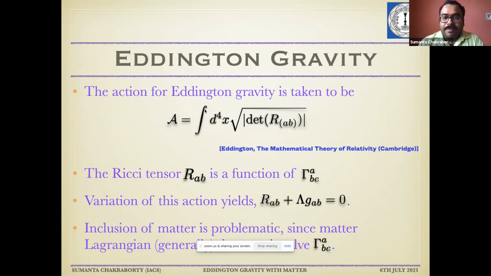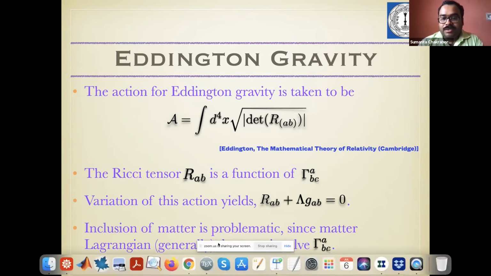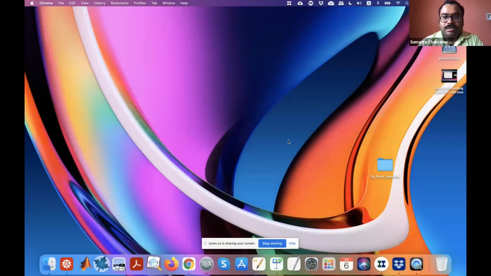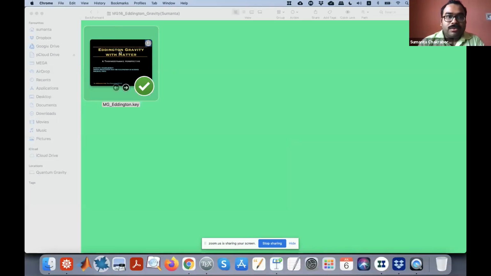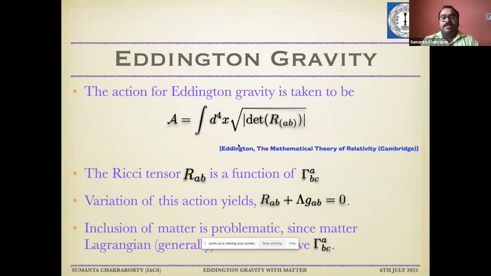Now, the inclusion of matter in this paradigm is a bit problematic because the matter Lagrangian in general doesn't depend on the Christoffel connection gamma. And therefore we cannot include it.